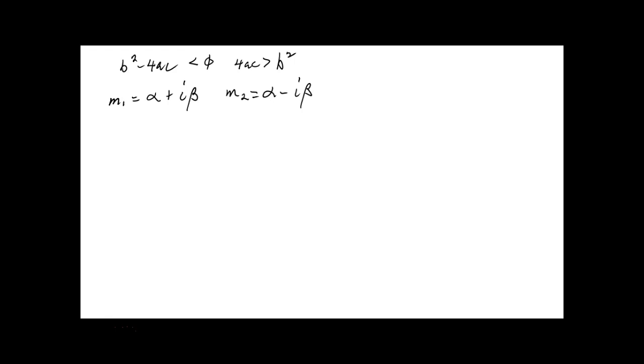Remember your minus b over 2a, that's your alpha. And your beta is the square root of b squared minus 4ac, which happens to be a negative number, so you have to pull an I out. It's basically the square root of 4ac minus b squared, the reverse of that, over 2a, and then you pull an I out of it.